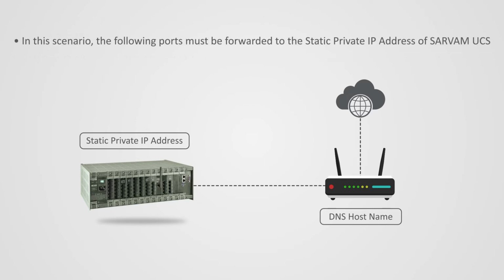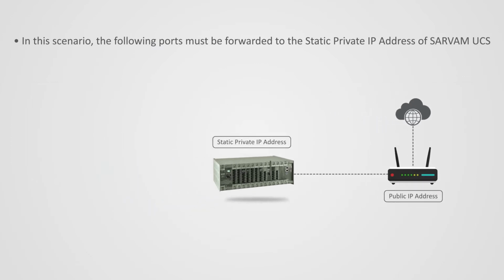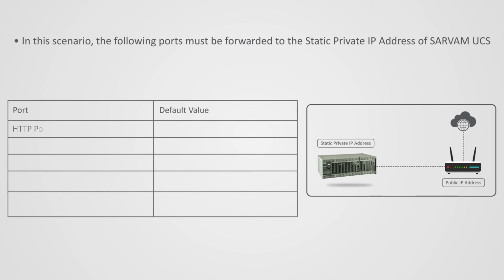In this scenario, the following ports must be forwarded to the static private IP address of SARVAM UCS. HTTP port, that is, TCP 80. HTTPS port, that is, TCP 443. SIP port, that is, TCP 5060, UDP 5060.